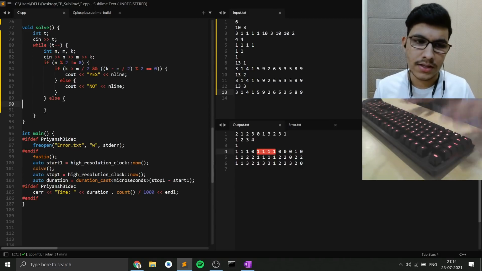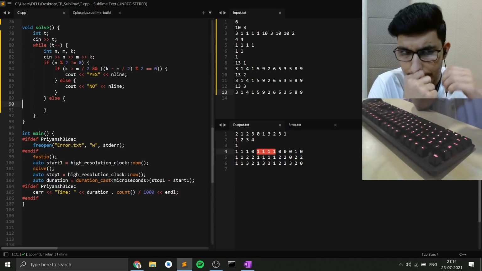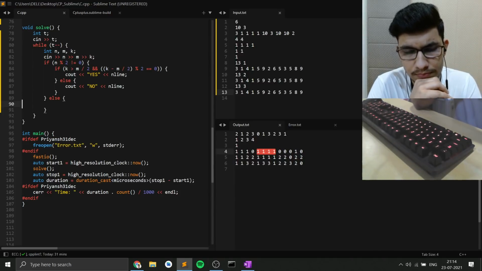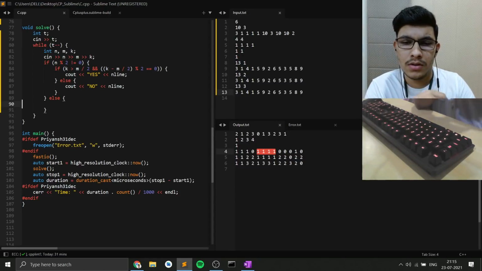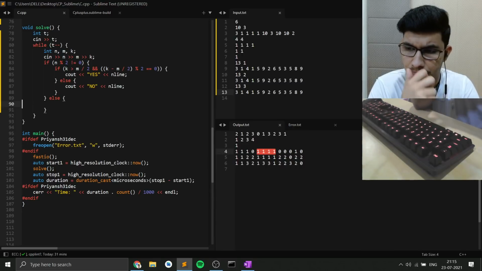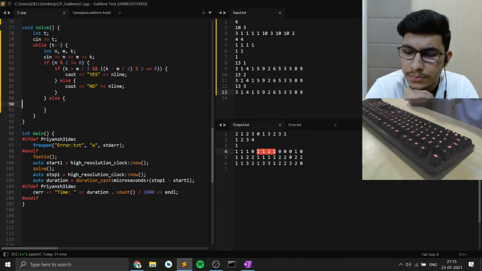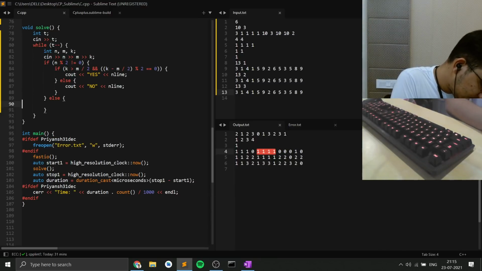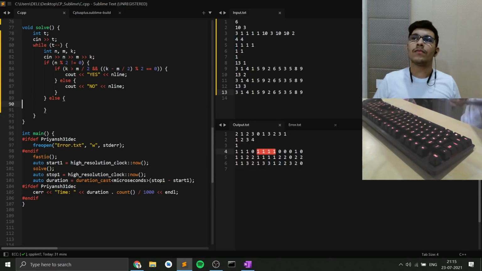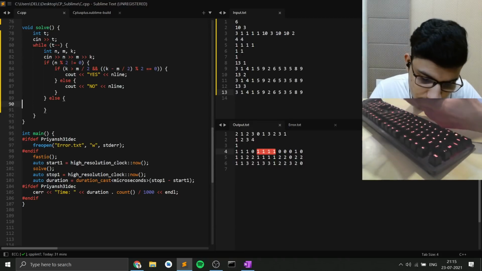Right, now I have to consider the other case. So if the number of rows is even, now this is an issue.